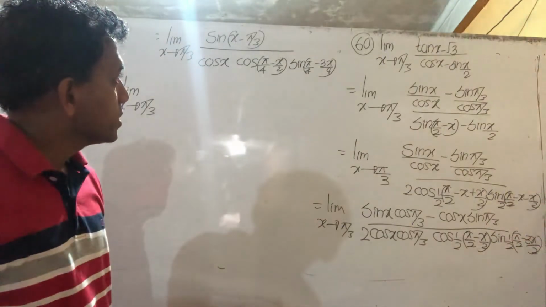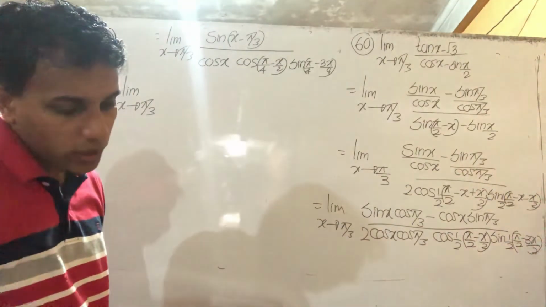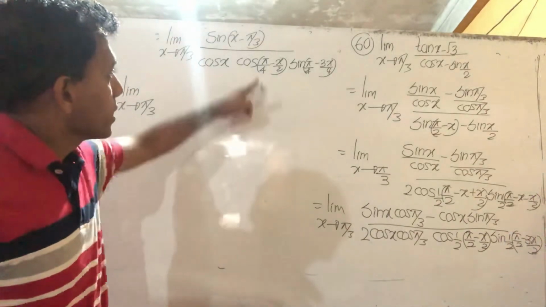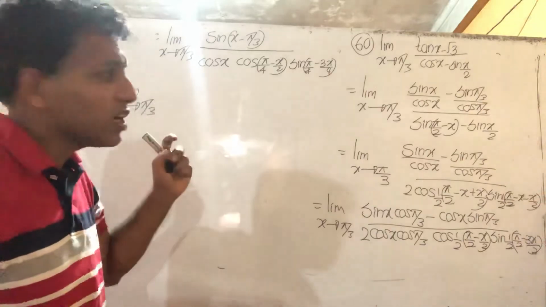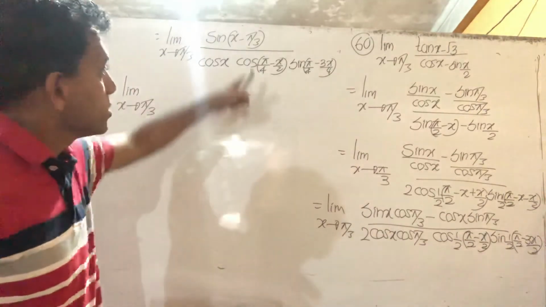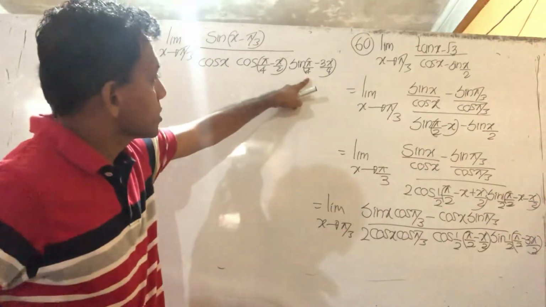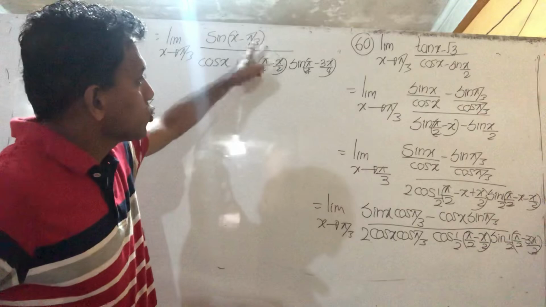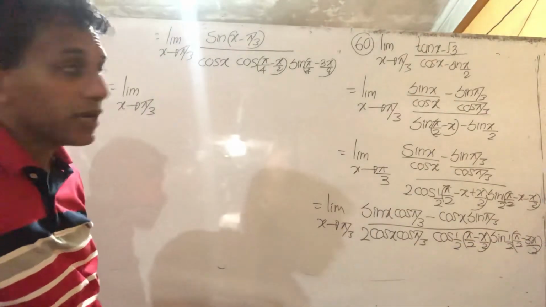Can I write the x minus pi by 3, or if I take the 3 out, pi minus theta, this form sine theta over theta. What we use here should be shown here also; properly we check that idea, right?